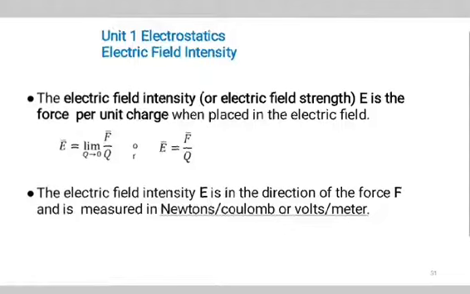So E bar is equal to limit Q2 tends to 0 F bar by Q, or E bar is equal to F bar by Q. The electric field intensity E is in the direction of force F and it is measured in Newton per Coulomb or volts per meter.